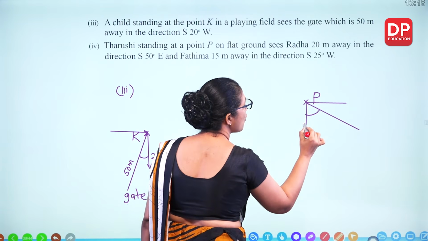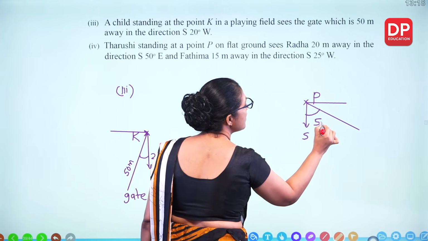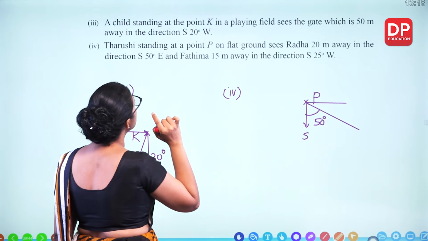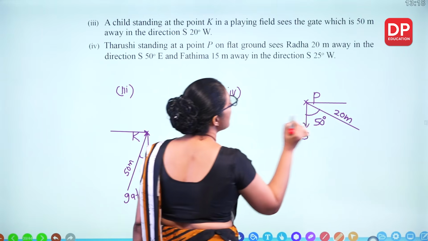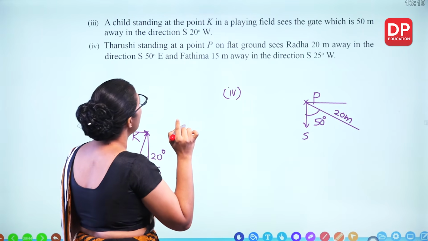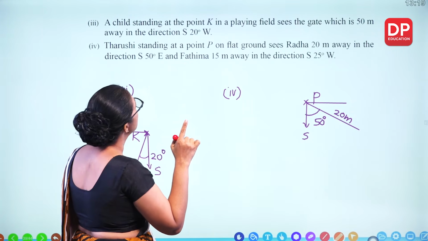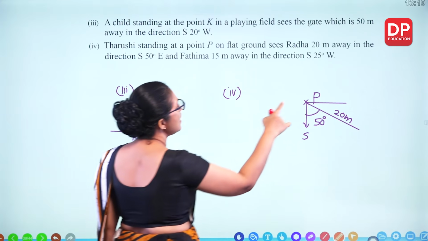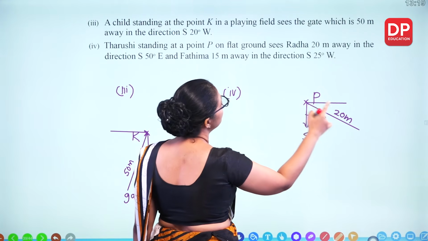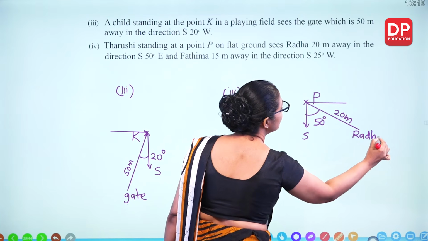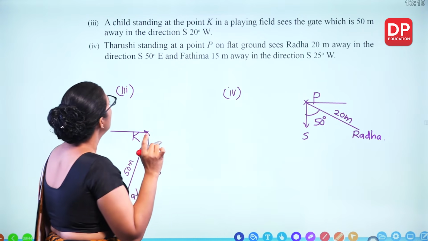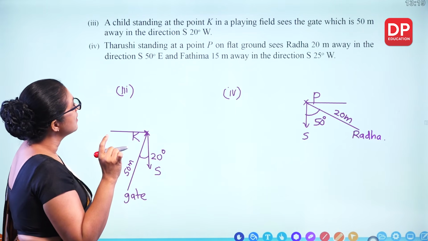So this is from south 50 degrees. What's the distance? 20 meters away. And this is Tarushi and Radha is here.